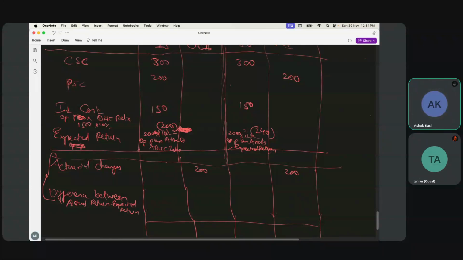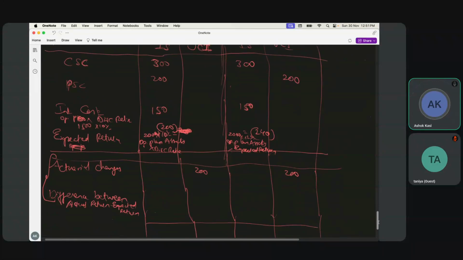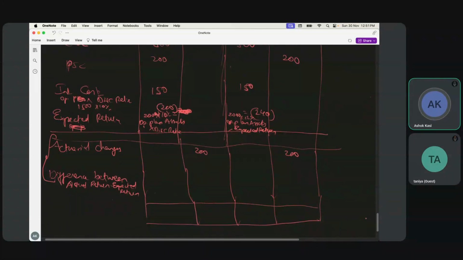Expected return is 200, right here. In this case, actual return is minus 200. So minus 200 minus expected return, which is also 200. Minus 200. So that will become minus 400.